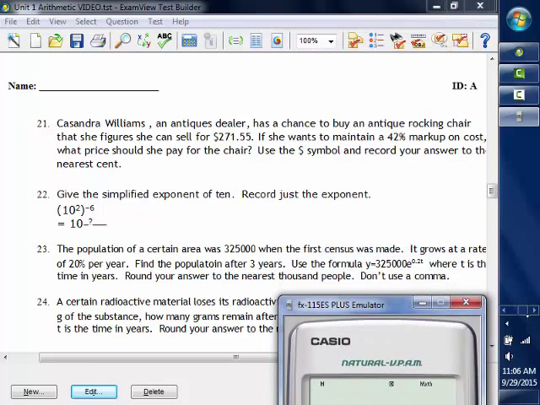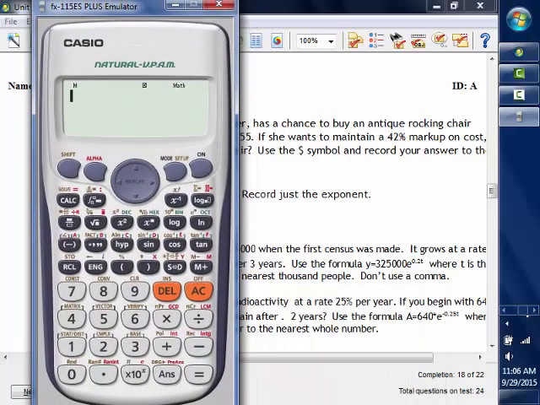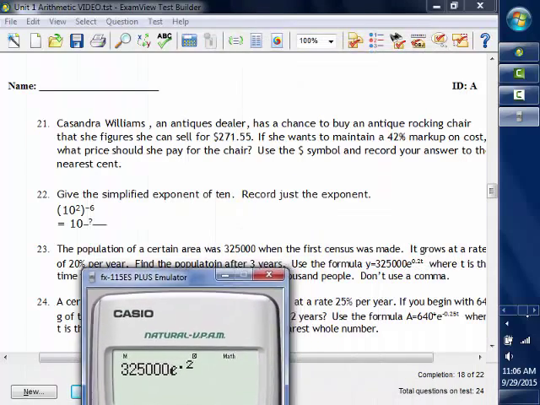Next one, it gives you the formula. Don't be thinking, oh, this is such a hard problem. Just type it exactly what it says there. 2, 3, 2, 5, 0, 0, 0. E, which if you notice is mustard, so it's shift E to the 0.2, and then in the problem here it says what T is.